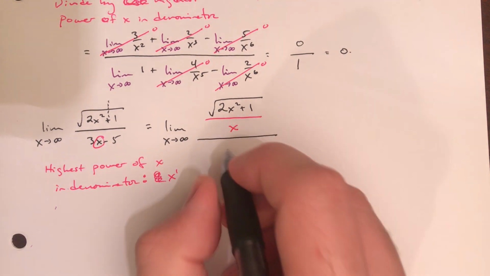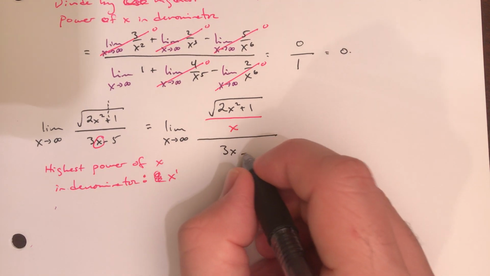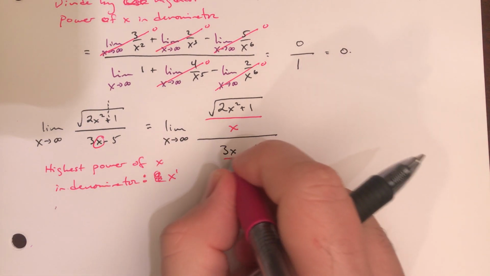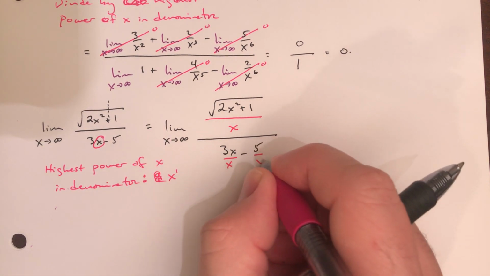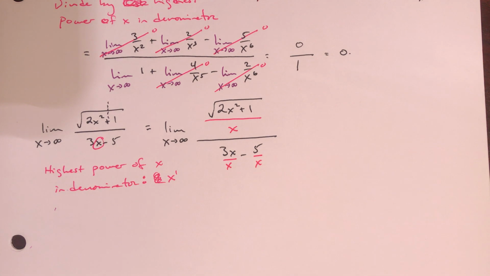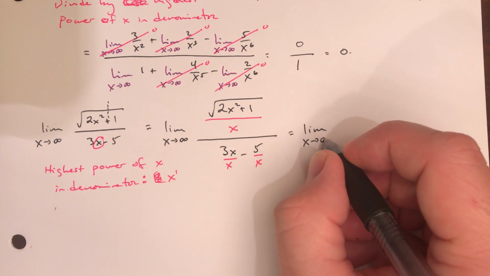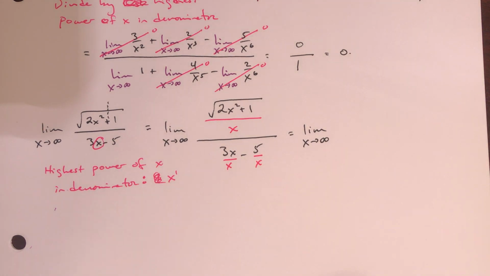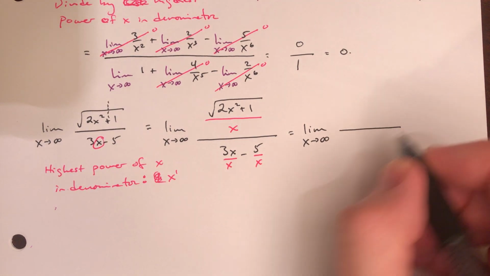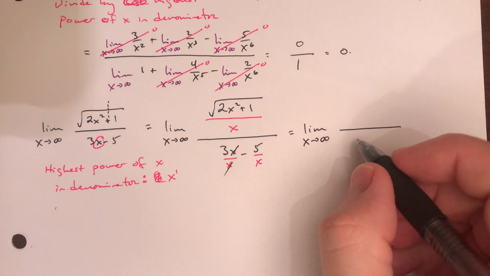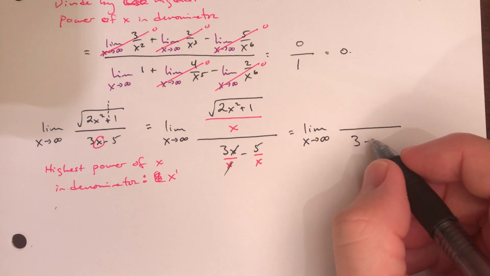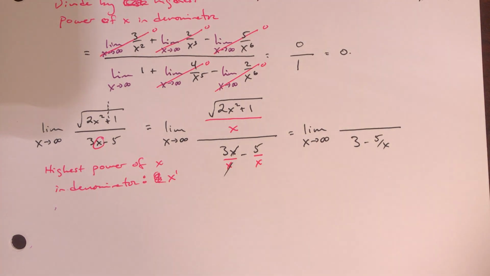And then in the denominator, we have 3x minus 5. We're going to divide each of those by x. Now 3x over x, those cancel, and minus 5 over x.